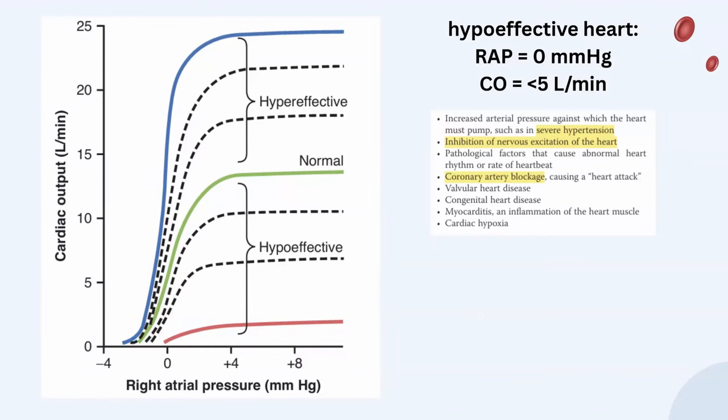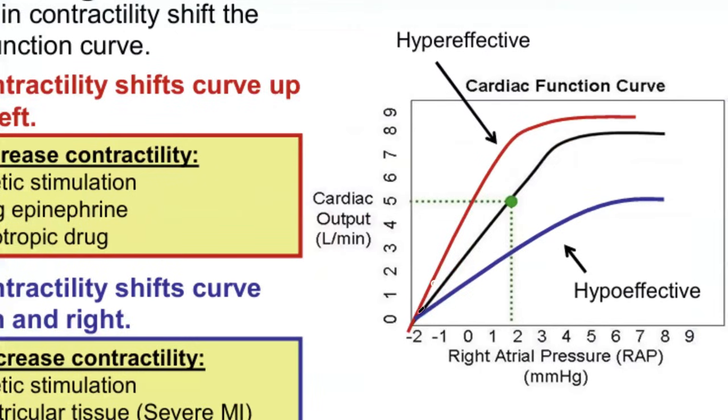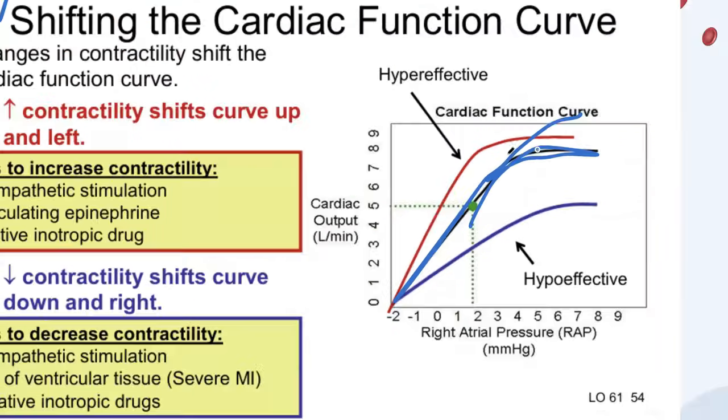Okay. Very easy graph. This is from another lecture, same lecture, but from last year. If you look here, this is a normal cardiac function curve. Hypereffective means that the curve is displaced upwards, and hypoeffective, the curve is displaced downwards.